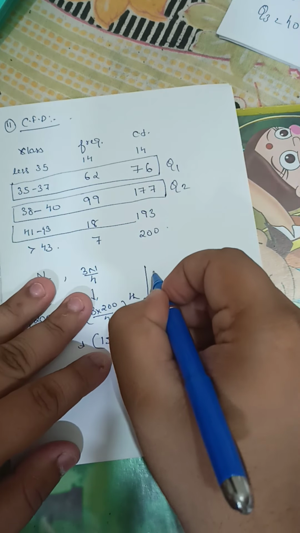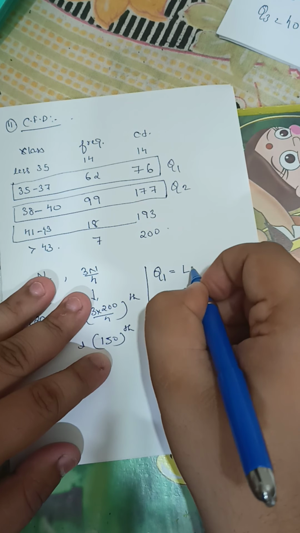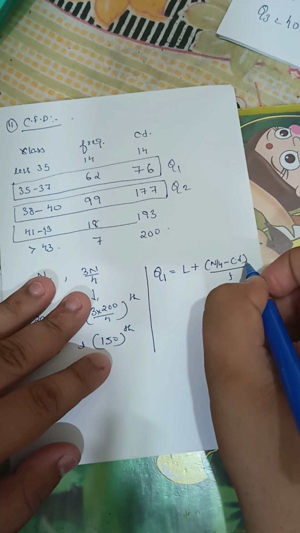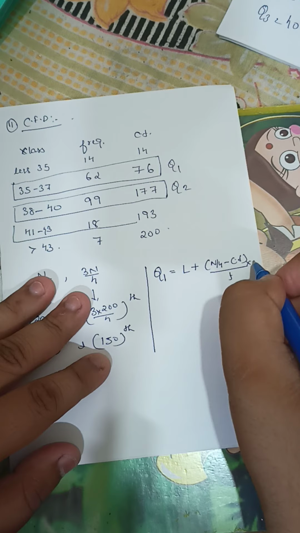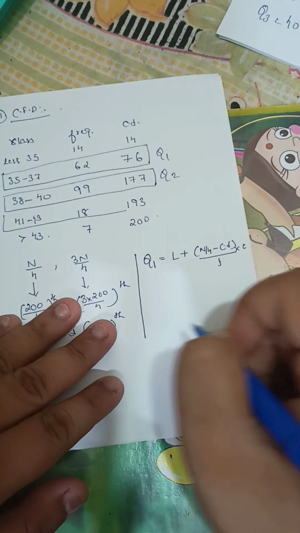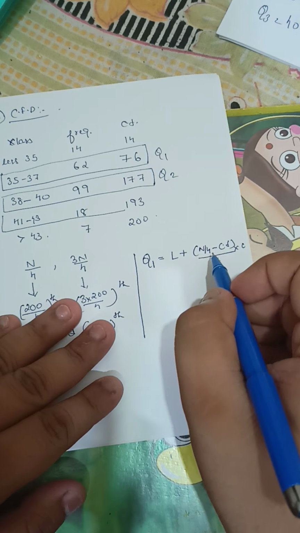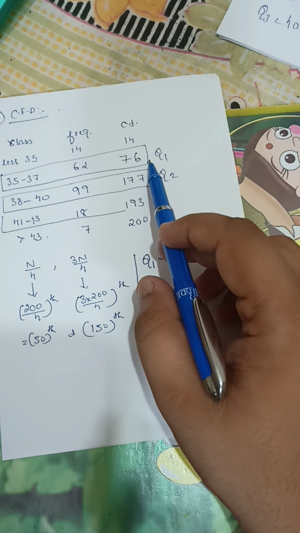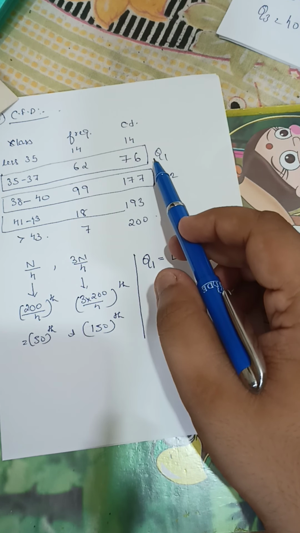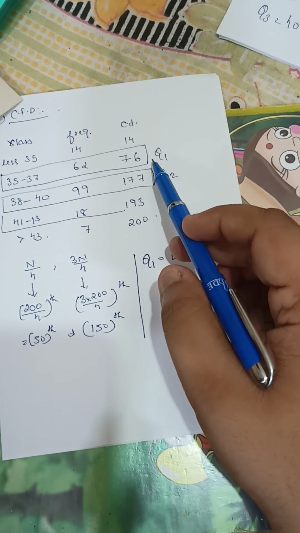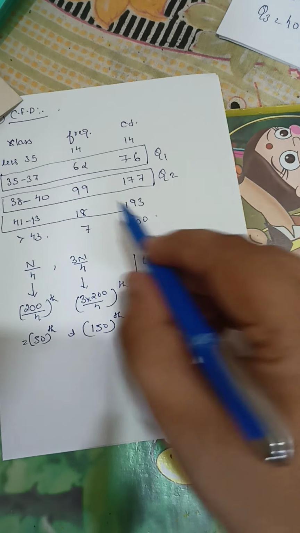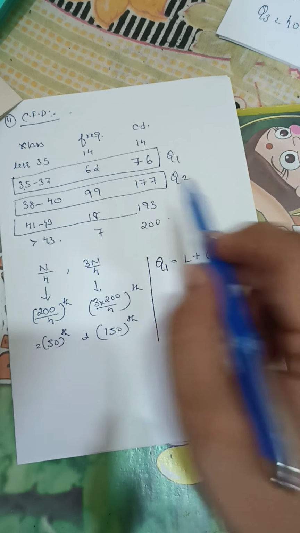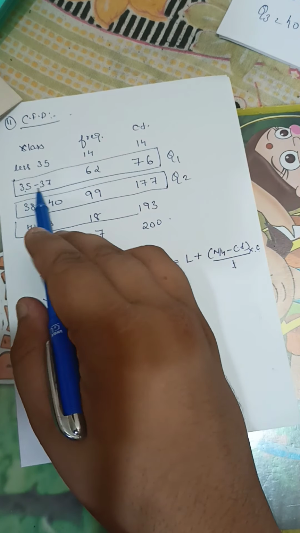So for this you have to calculate Q1 such that it is L plus (n by 4 minus CF) divided by F into class width, say C. Okay, Q1 is calculated as L plus (n by 4 minus CF) by F into C, where CF is the cumulative frequency of the class preceding it, L is the lower limit of this class, F is the frequency corresponding to this class, and C is the class width.